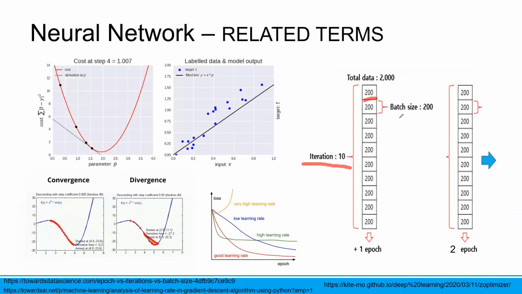Or you can specify, if I want to have the batch size 200, then the network can automatically do the iteration 10 times. So it depends how you define this parameter. And we call this one epoch.